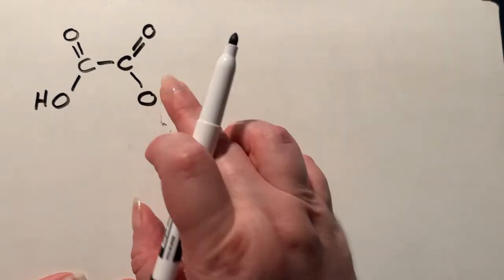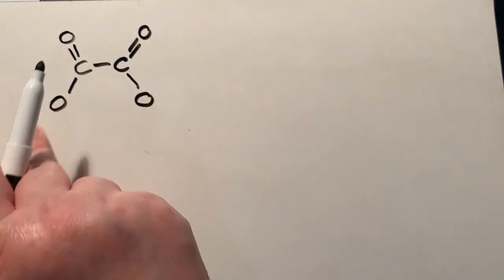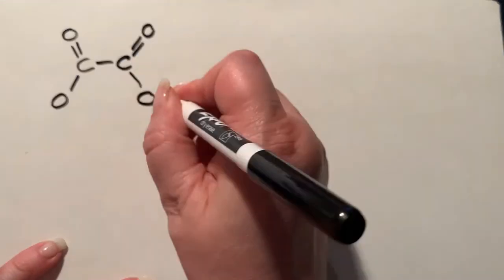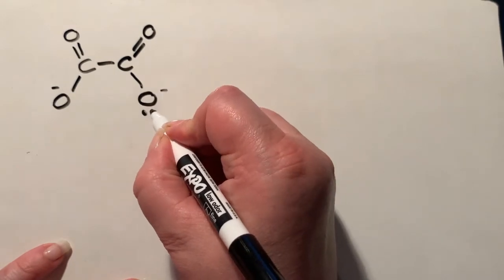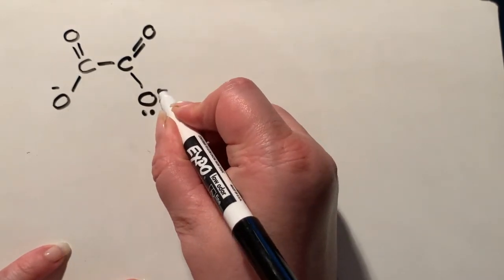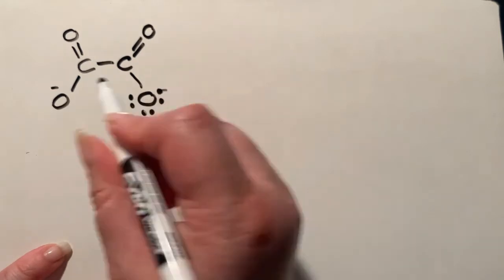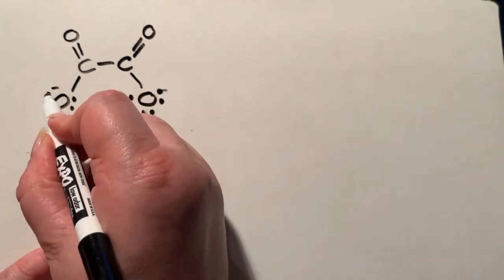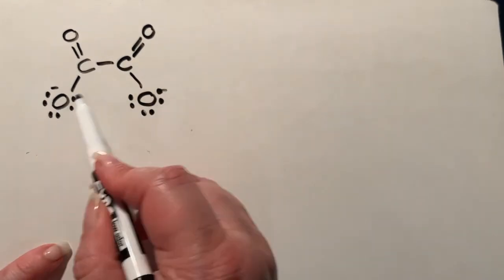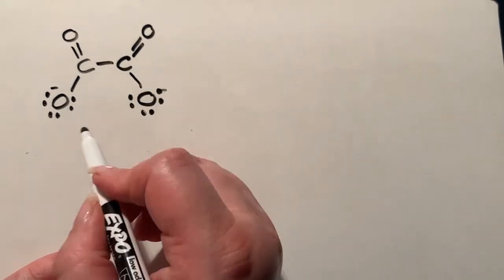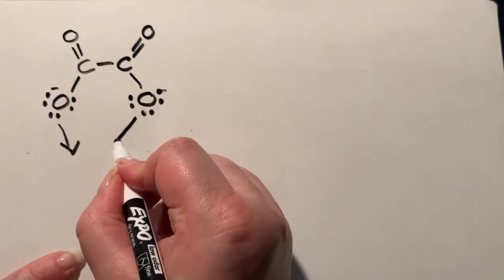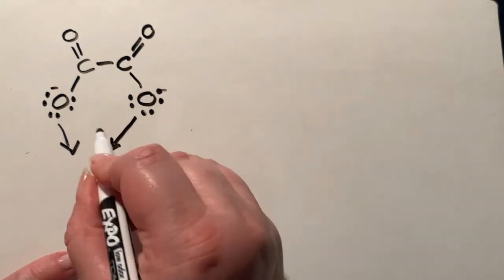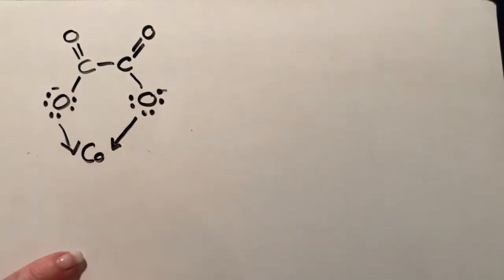Well, the oxalate ion is this with its negative charges, and its lone pairs on the oxygen, which are here. Now, because these are a little bit further away, you would then have the opportunity for two dative bonds to be formed. So it can kind of wrap round that cobalt.